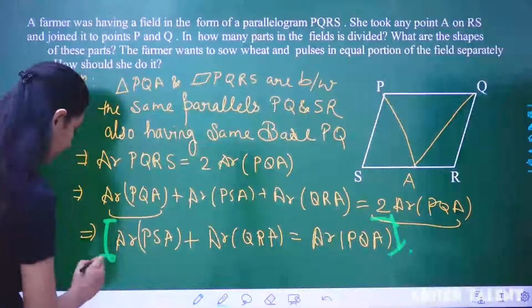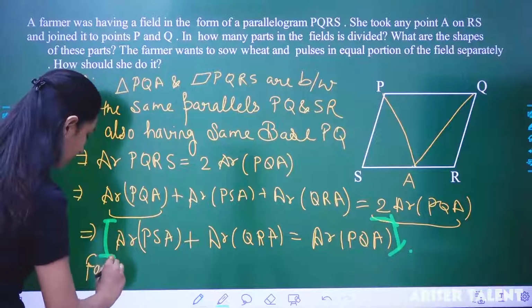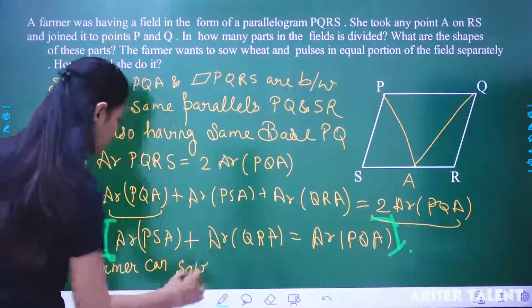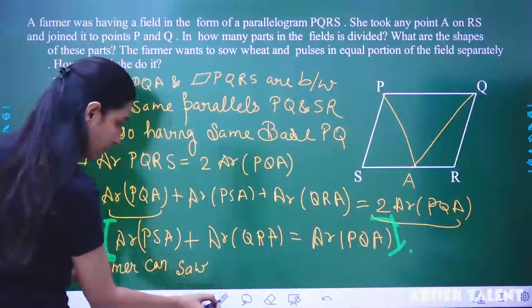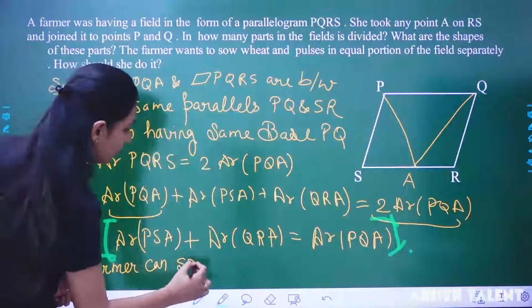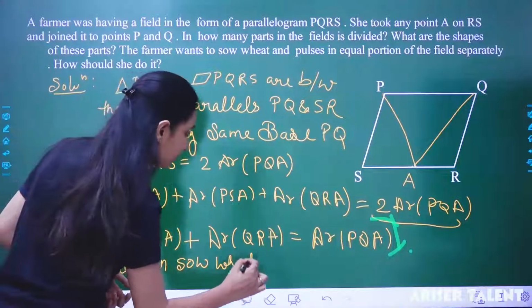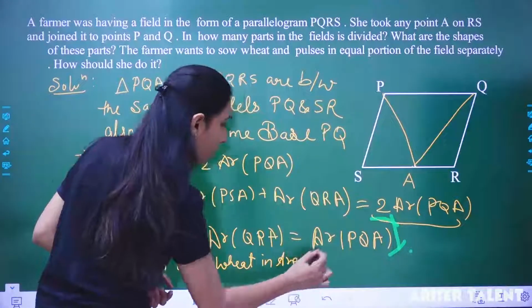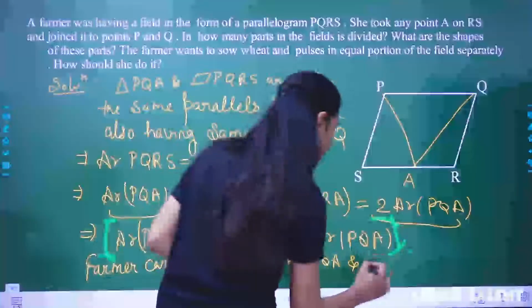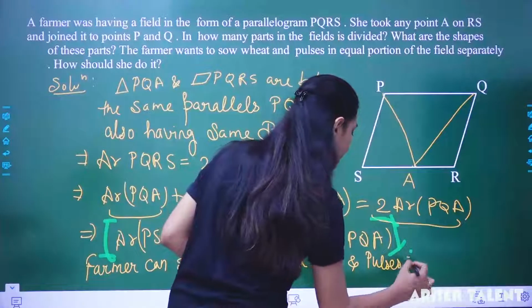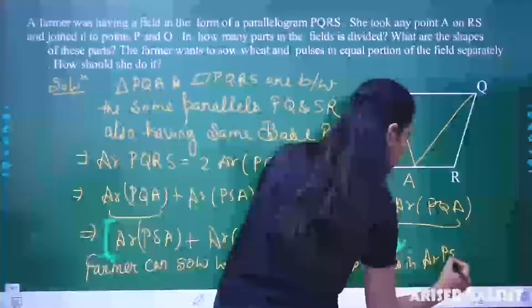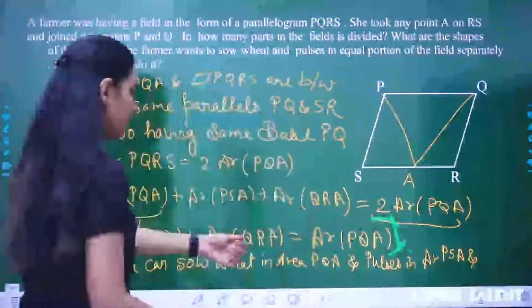What will we write now? Farmer can sow wheat in area PQA and pulses in area PSA plus area QRA.